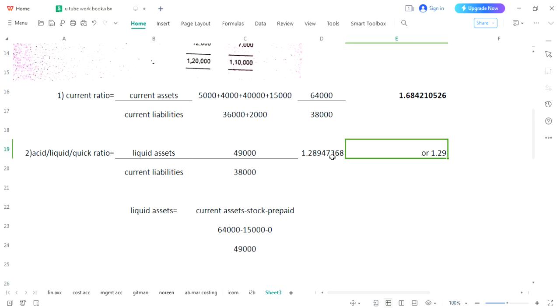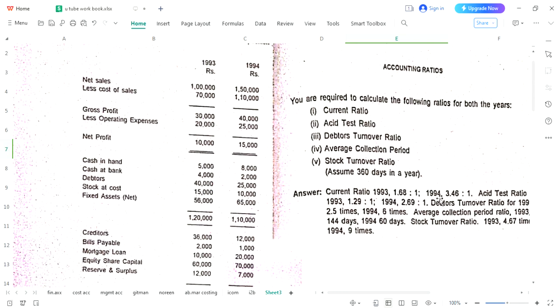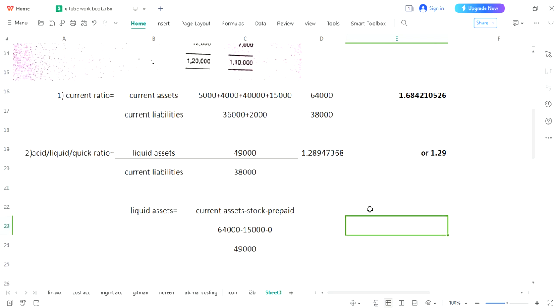Amount was 1.289. This 9 was teasing me, so I have rounded it. It is 1.29, or if let's say you have written this answer, that would be okay as well. So there is no problem of writing 1.28 or 1.29, but let's check it out. So we have acid test ratio 1.29. All right. So two answers are completed.